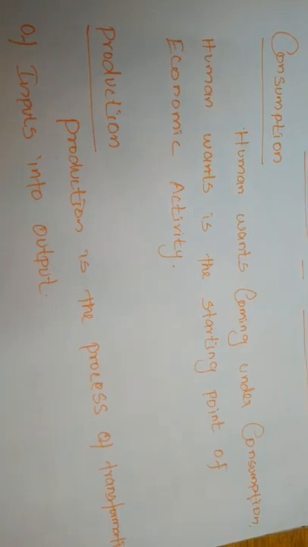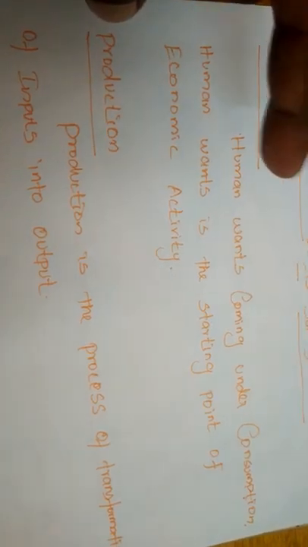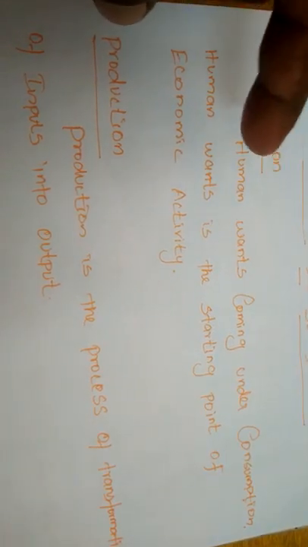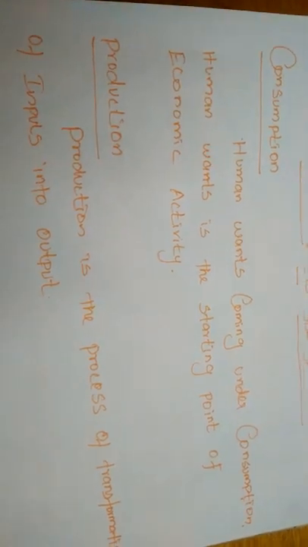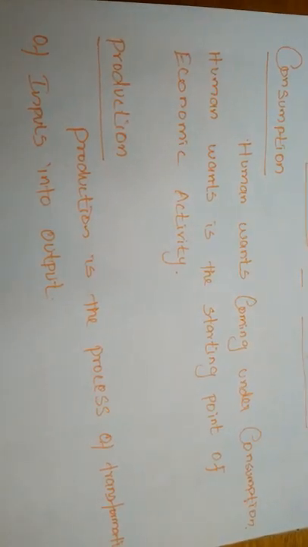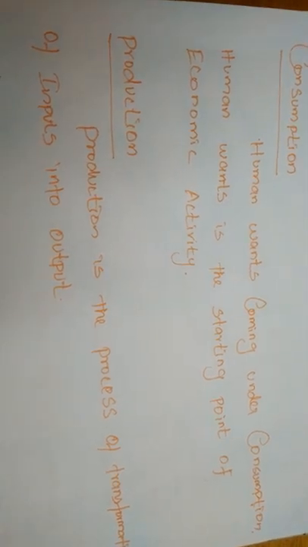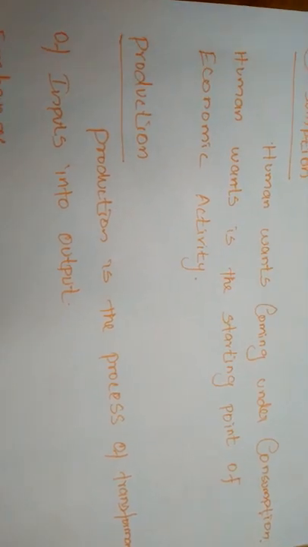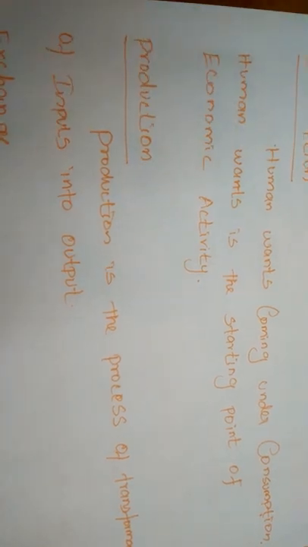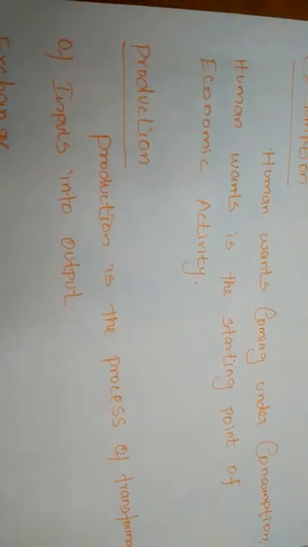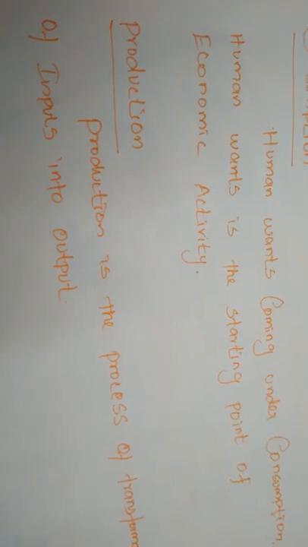Already I explained that human wants lead to the effort to obtain commodities, and on the basis of that effort they get the commodities for consuming. Then again new wants will arise. So the human want to consume commodities is the basic starting point of all economic activity.